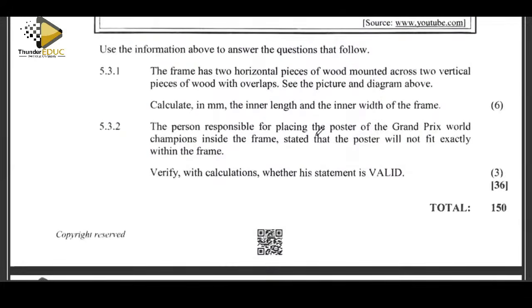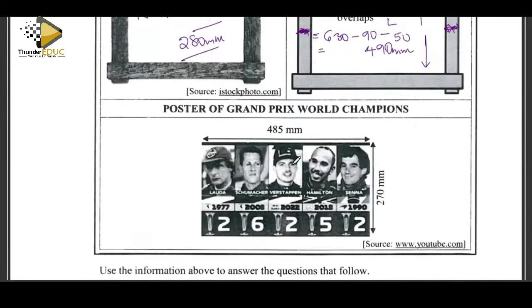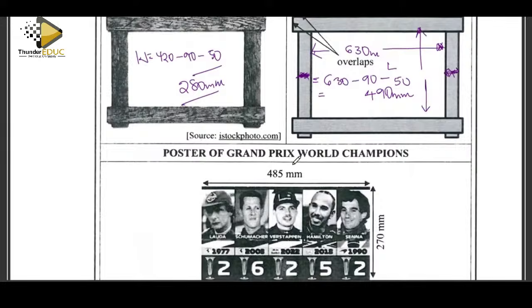So let's look at this. The person responsible for replacing claims that it's not enough to fit exactly within the frame. Verify showing all calculations. Remember, we've just got the inner length as 490. What we're going to do, we are comparing 490 minus.